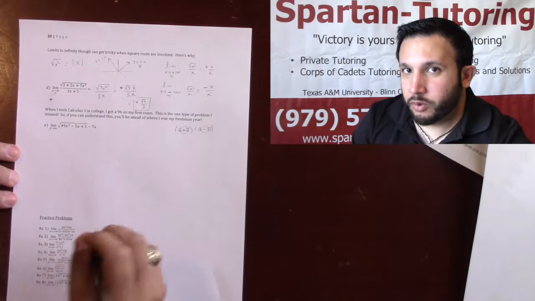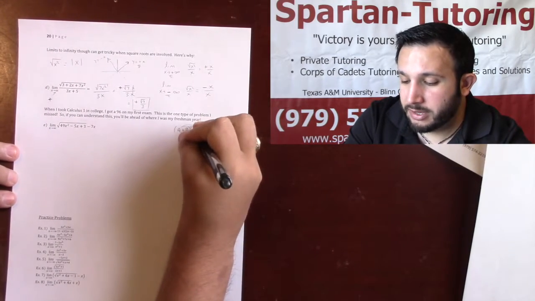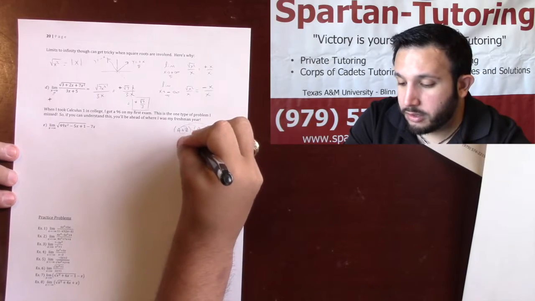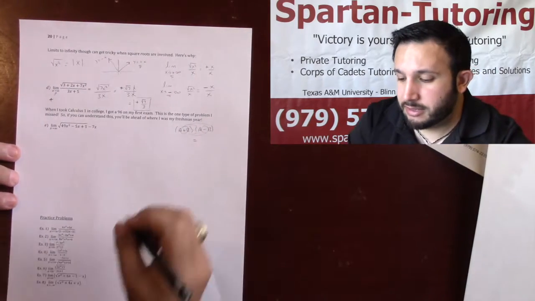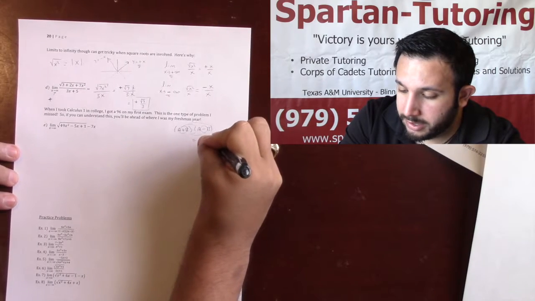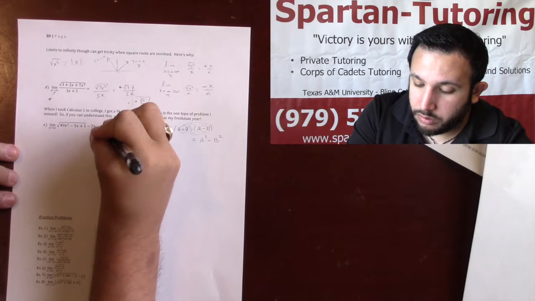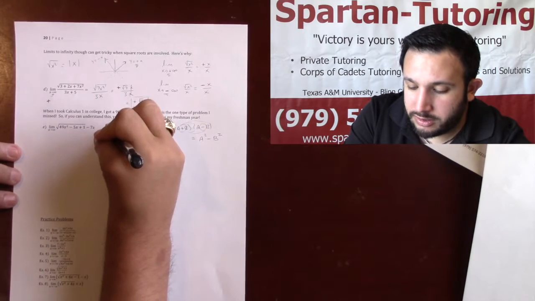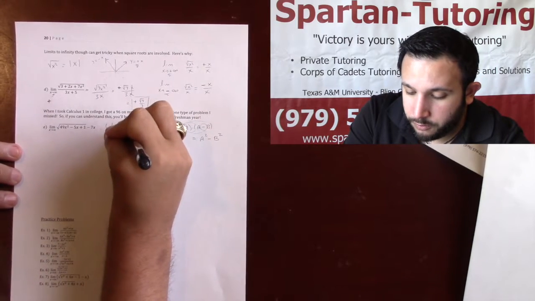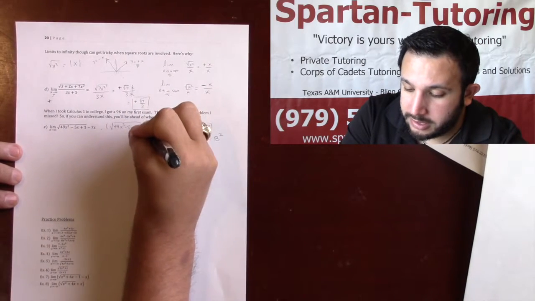And I love multiplying by the conjugate because a plus b times a minus b, if I was to fully FOIL this out and simplify, it's simply just the first term squared minus the second term squared. So when I multiply by the conjugate, this will be the square root of 49x squared minus 5x plus 1 plus 7x.